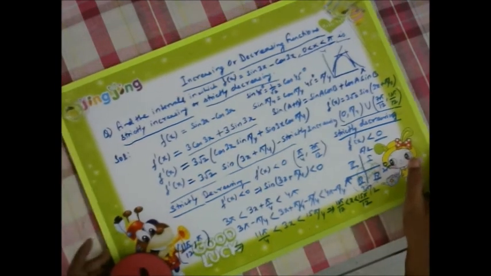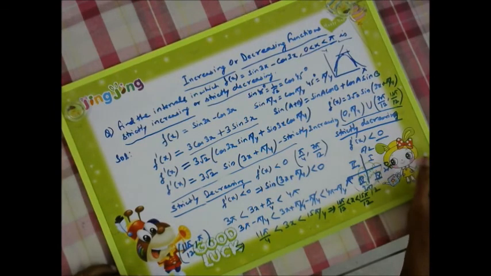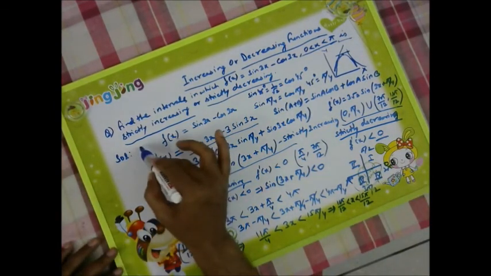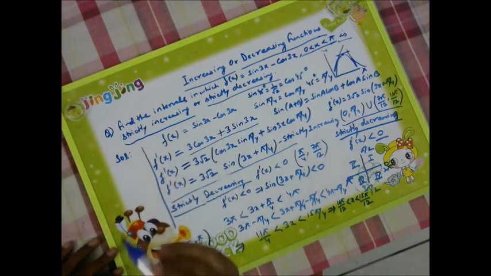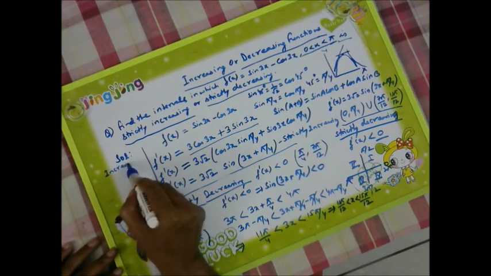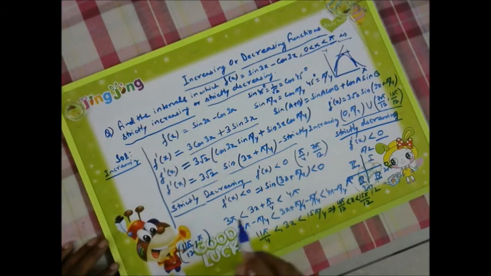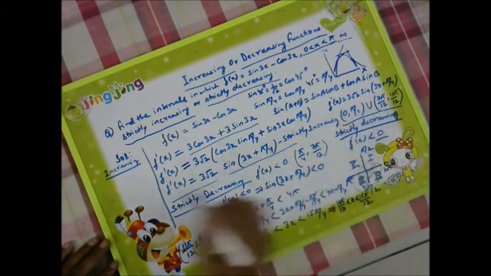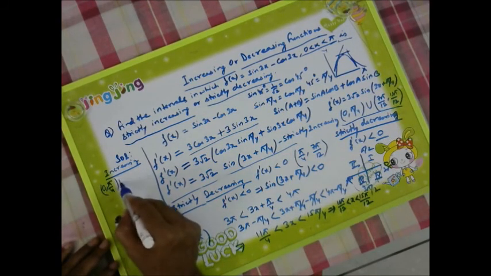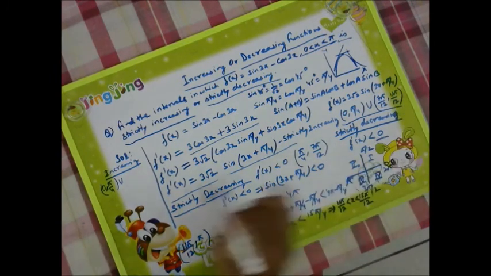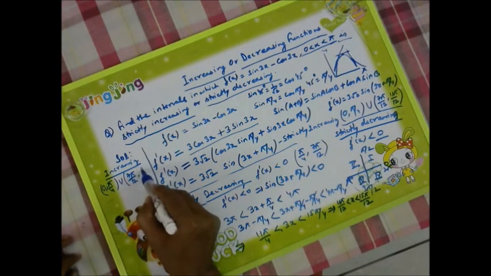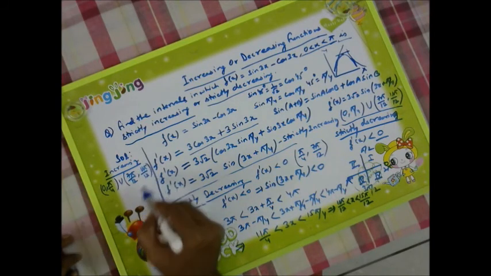Okay, so we have already solved, and let me write here. Increasing interval. So we have already written 0 to pi by 4, and 7 pi by 12 to 11 pi by 12.